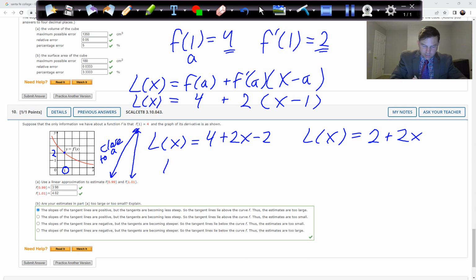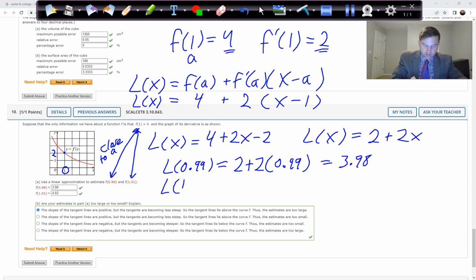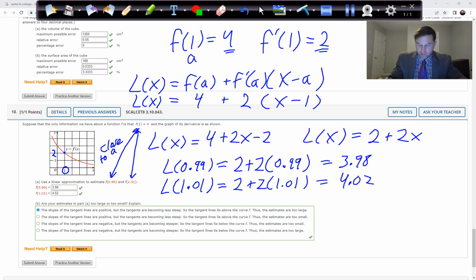The linearization when x is 0.99 would equal 2 plus 2 times 0.99, which, if you do that out, is 3.98. Then they want us to calculate 1.01. So it's 2 plus 2 times 1.01, and that's going to equal 4.02 when you multiply that out. Okay, so those are the two answers.